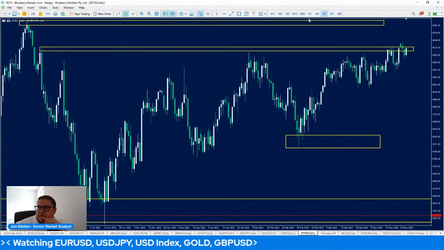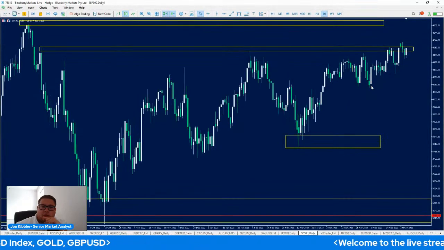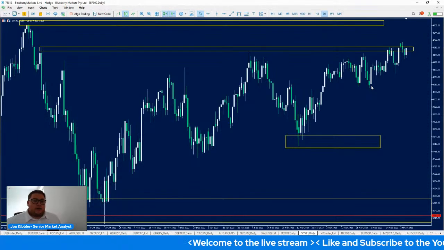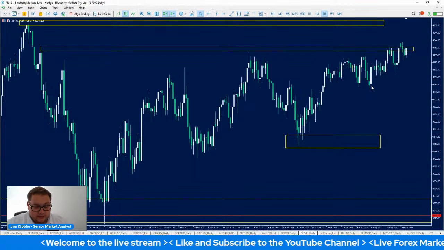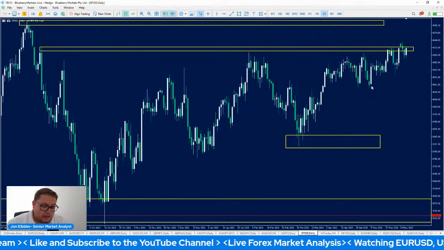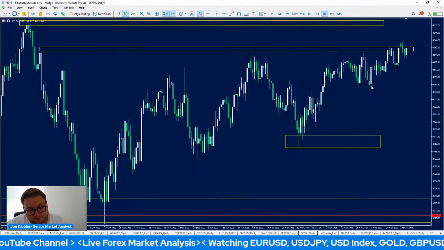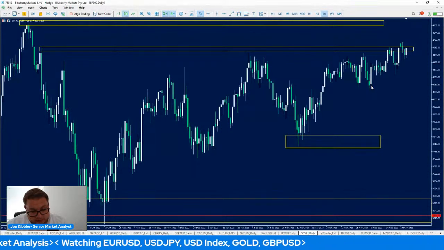Let's put the S&P on. S&P surging as well. AJ moving the other way, yeah. I was looking for Aussie yen shorts as well, but I don't think that's the play at the moment.